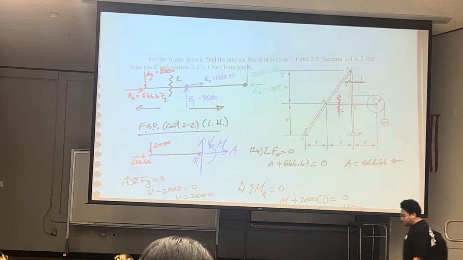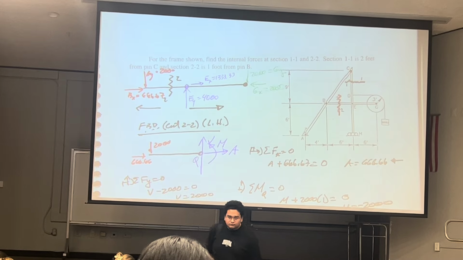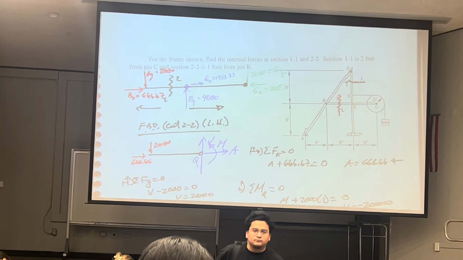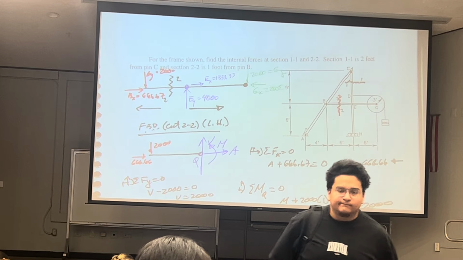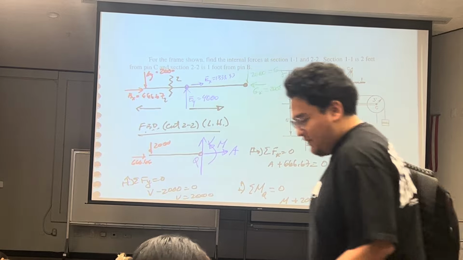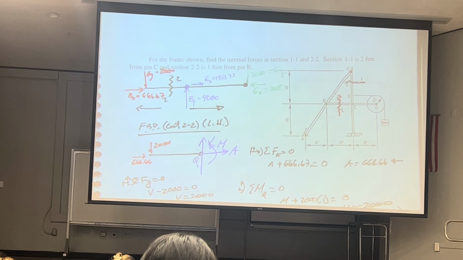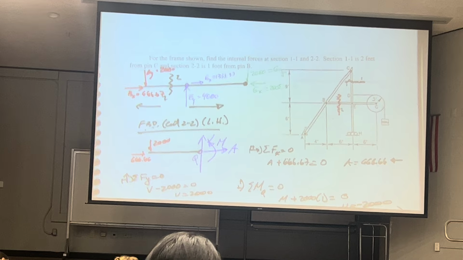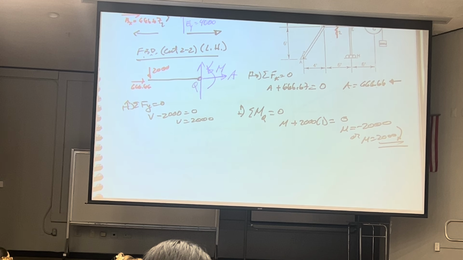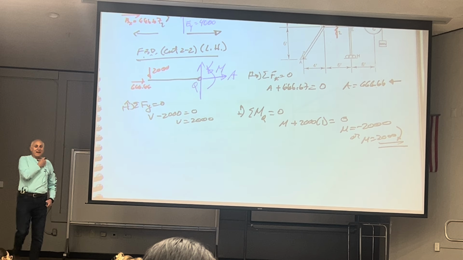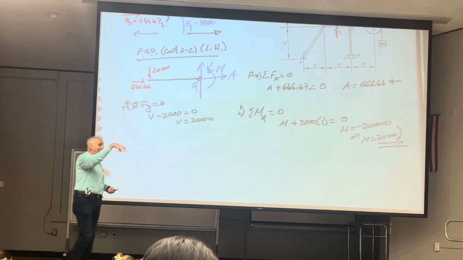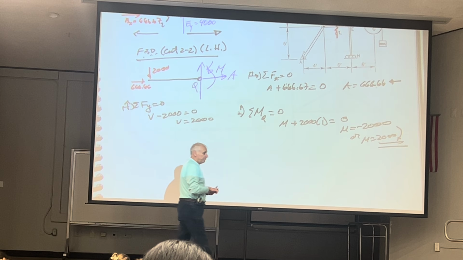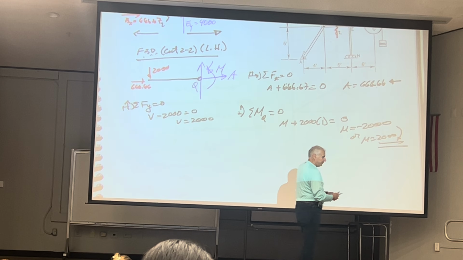M is equal to minus 2,000, or what you're saying is M equals 2,000, but it's not counterclockwise, it's actually clockwise. So that takes care of finding the internal force on a frame at position 2, or cut 2.